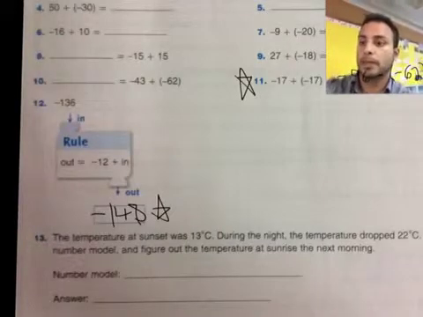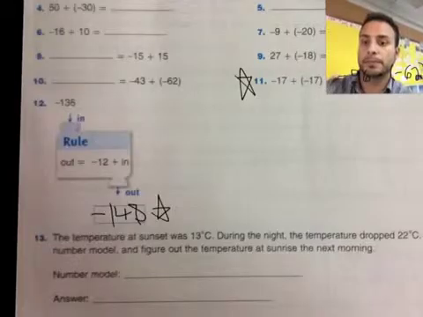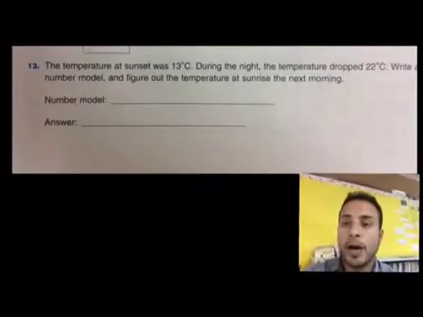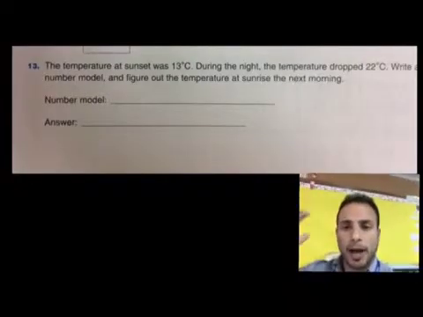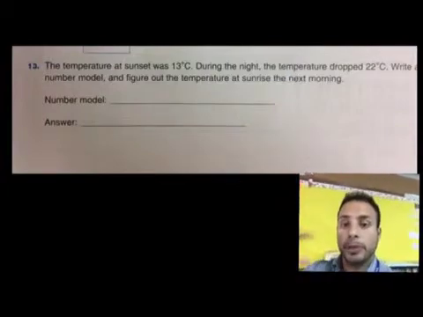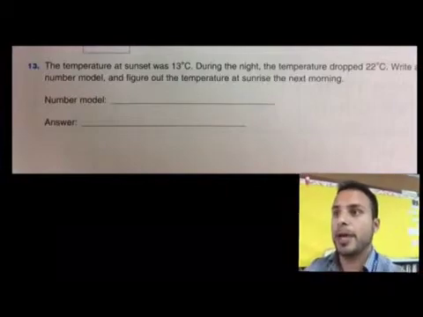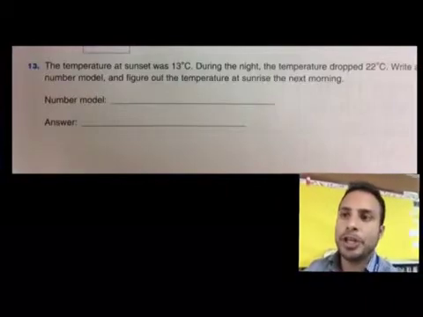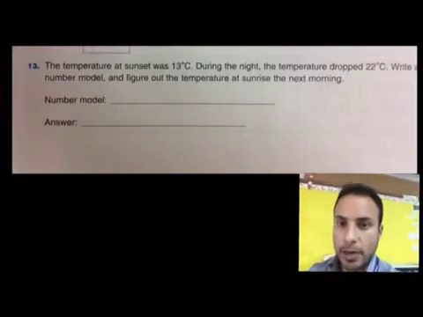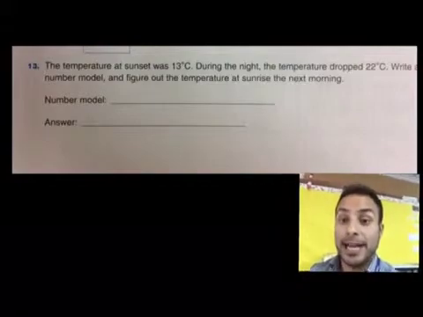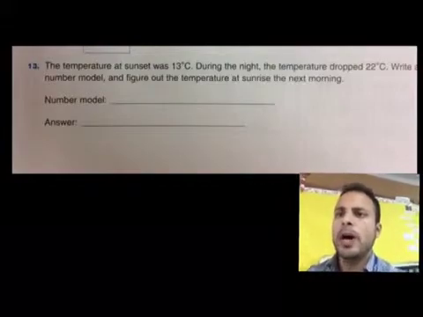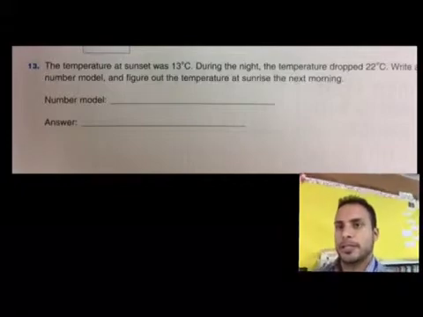Okay? Let's take a look at number 13. Okay, and now we're going to look at how positive numbers and negative numbers play a role in our lives. And here we have an example of the weather, okay? So, the temperature at sunset, okay, at dusk, was 13 Celsius.